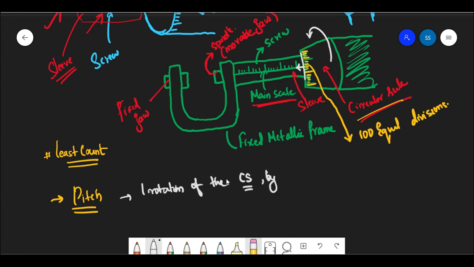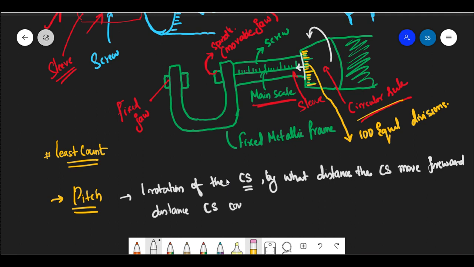So when it moves forward, what is that distance in one rotation of the circular scale? By what distance does the circular scale move forward, or we can say, what is the distance that the circular scale covered on the main scale?